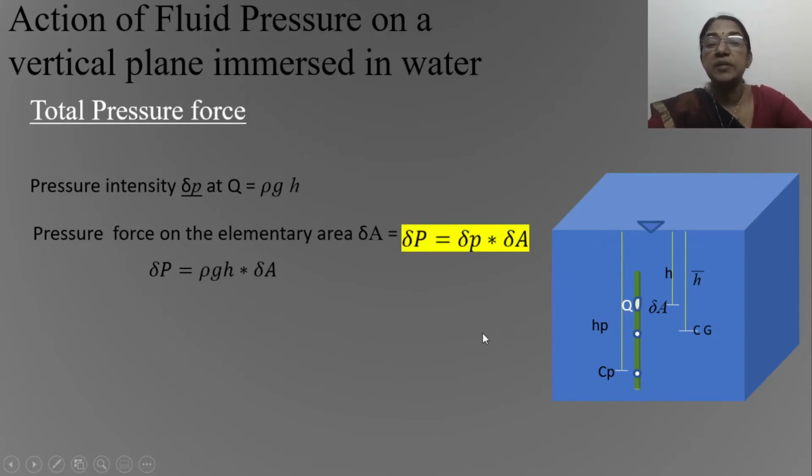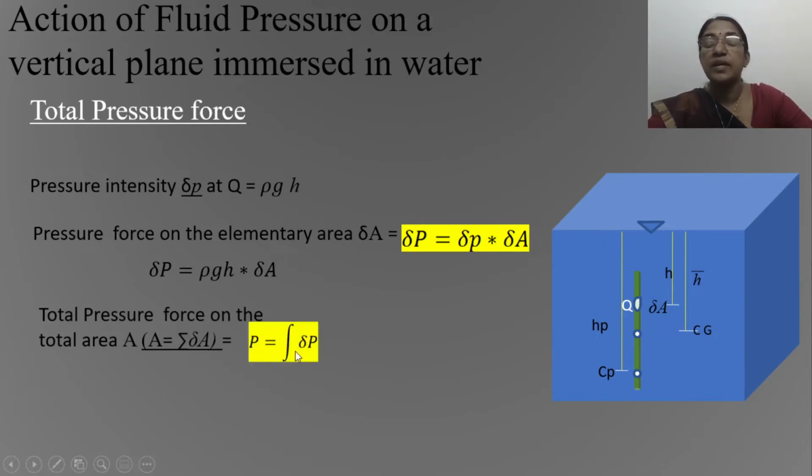If fluid pressure acts on a surface, all the pressure forces on the small elements can be represented by a single force called the resultant force. So the total pressure force can be represented as P equals the integral of dP. What is dP? dP equals rho g h into delta A. So P equals rho g into the integral of h dA. Here h dA represents the moment of this area about the free surface, and the integral of dA represents the total area of the surface.